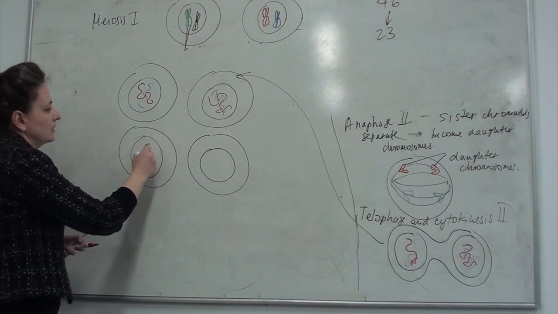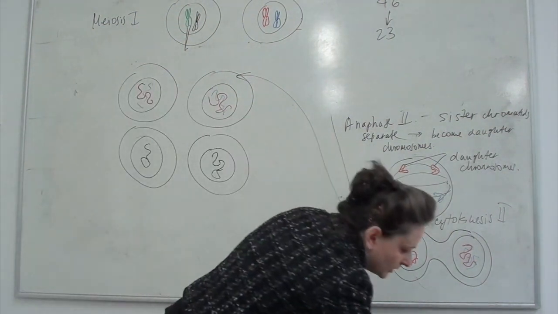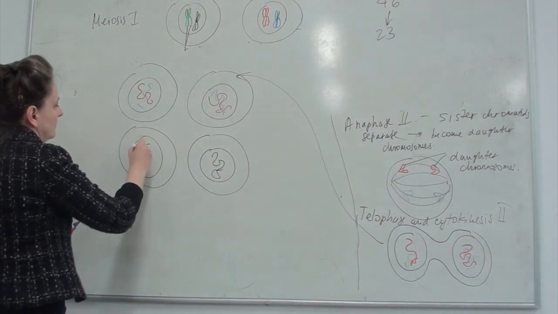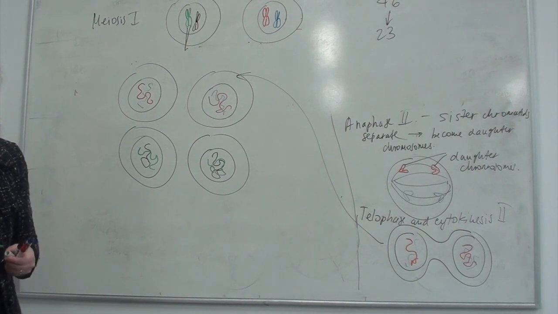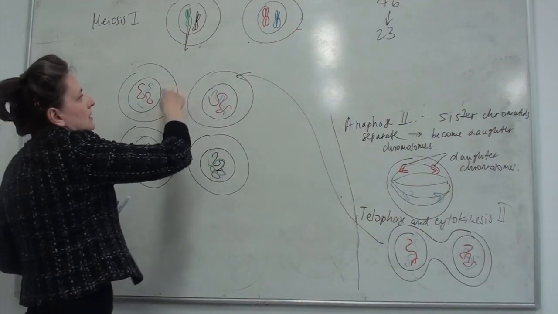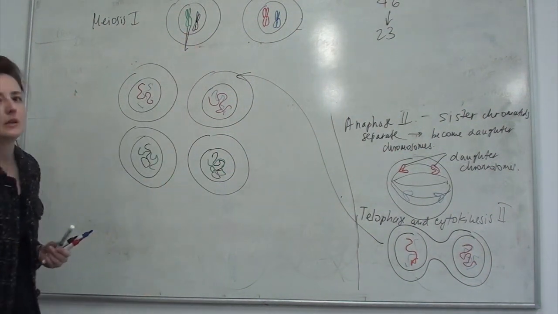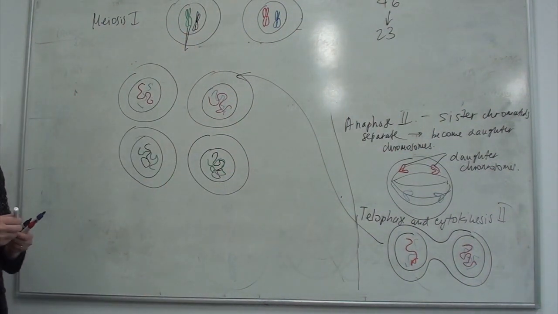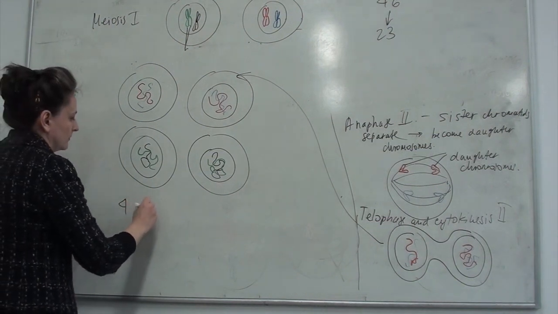So you'll have one black chromosome, if you follow my colors, and one blue. That's the end of it. So these two cells originated from that cell, and these two originated from my green and black cell.